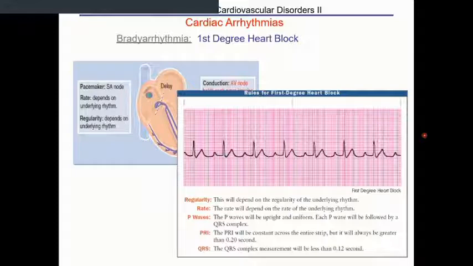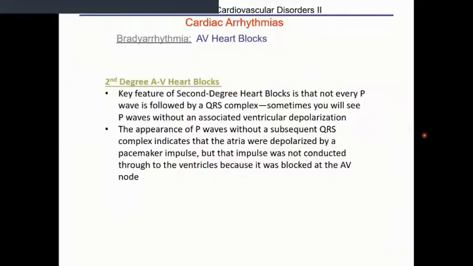So still, this looks like a normal ECG tracing. Although the PR interval is constant across the strip, when you say there's no variation, it will always be greater than 0.2 seconds, so it's prolonged. The PR interval is prolonged, while the QRS complex measurement will be less than 0.12 seconds.